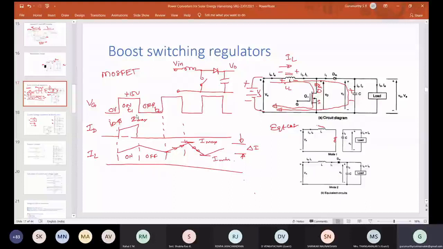T1 is the on duration of the MOSFET, and T2 is the off duration. So when the device is on, delta I by T1 equals Vs divided by L. This is one equation.